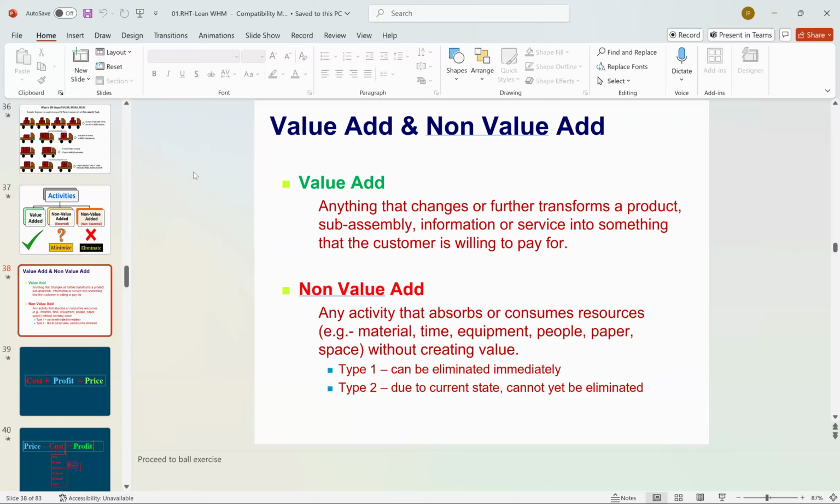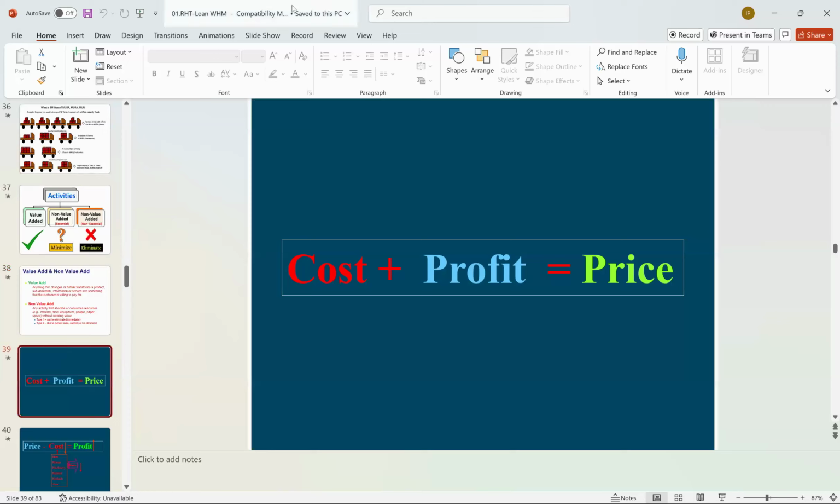No big change, even at Toyota it is the same 70 years ago. So they also identified the same: value adding and non-value adding activities. At the same time, there are two different market structures. There's another market structure, but you don't consider that in great sense.